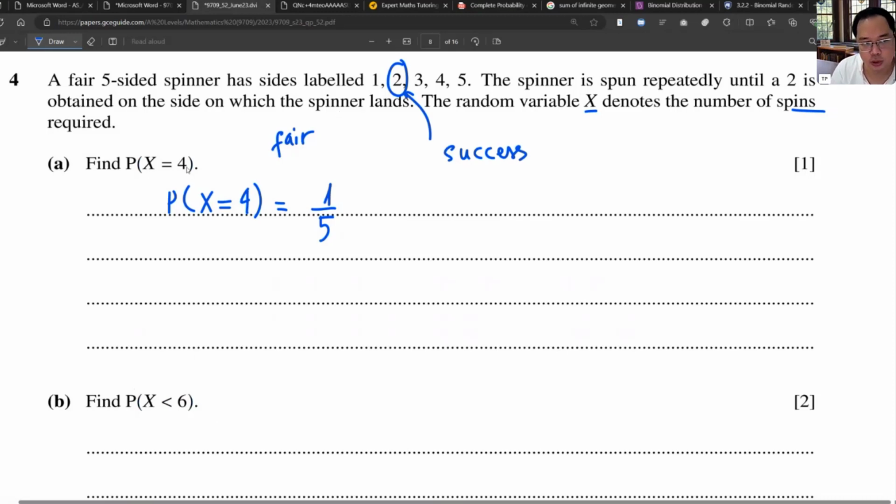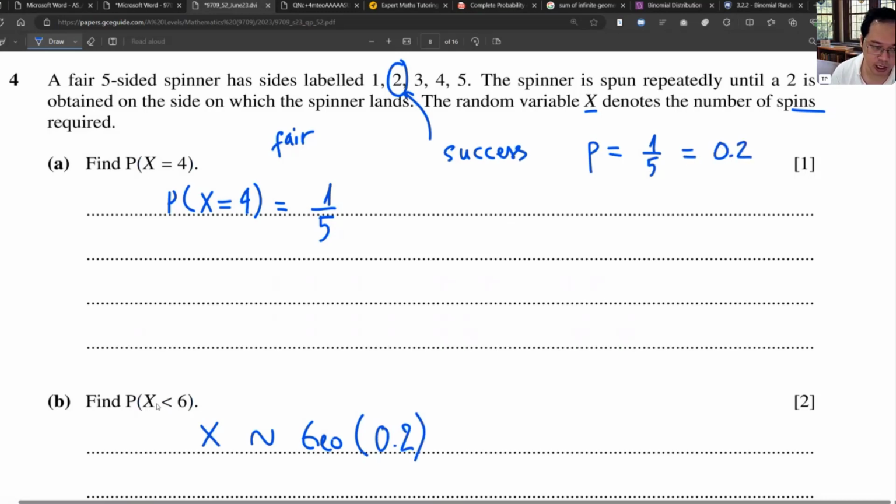To answer this question B, we need to use the geometric distribution, with the probability of getting the value 2, which is the probability of success, being 1 over 5, which is 0.2.